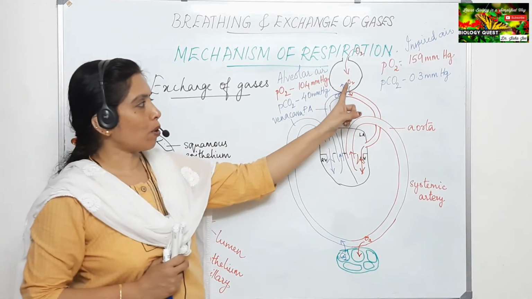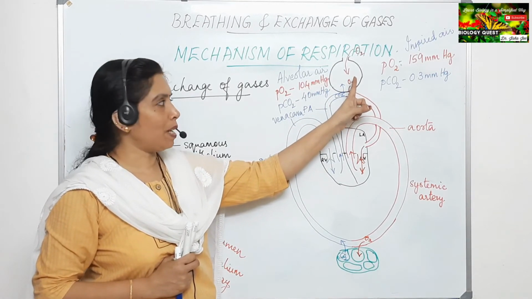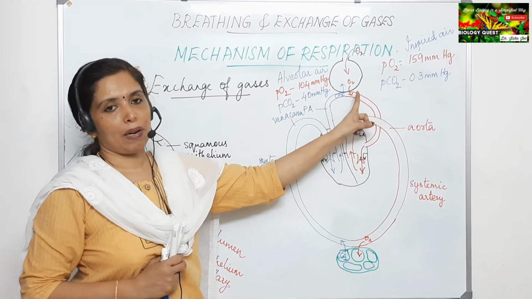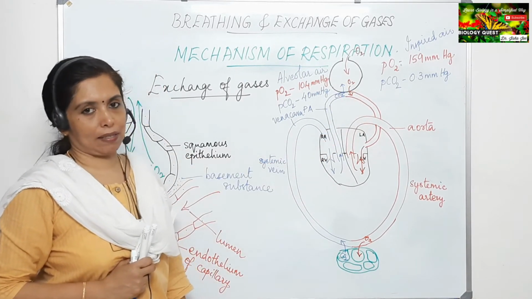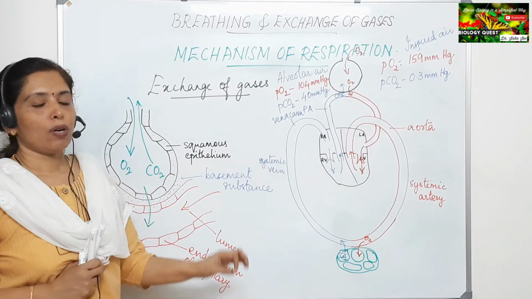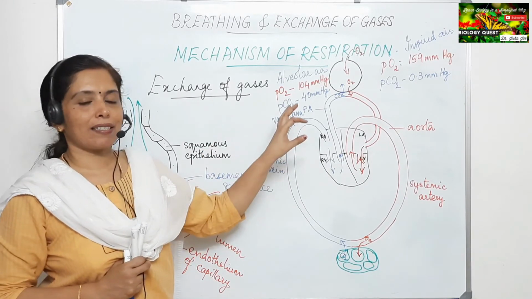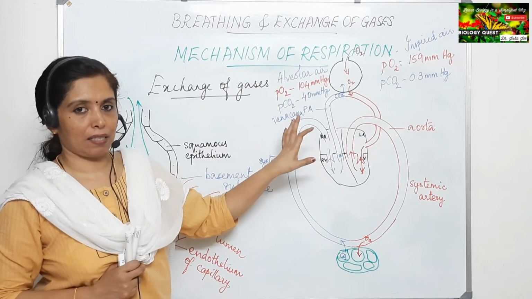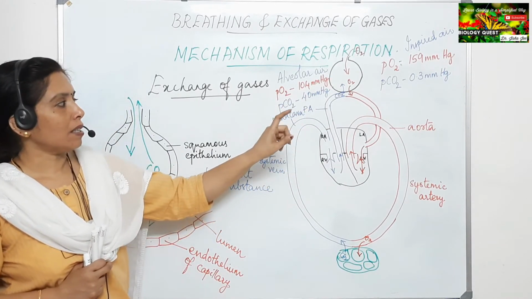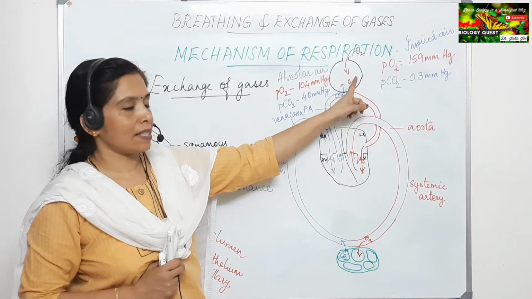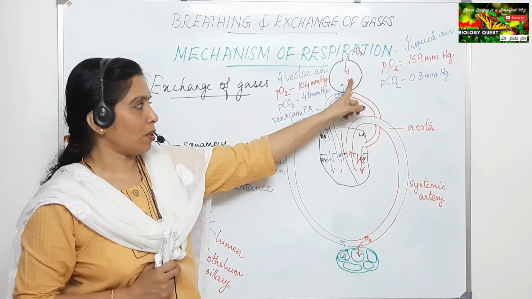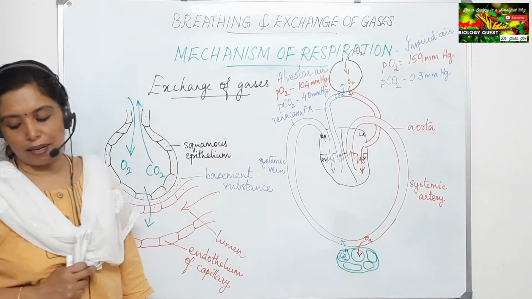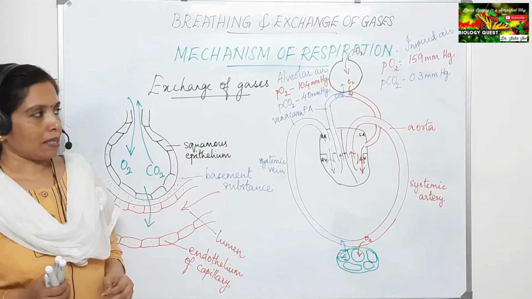So naturally what will happen? Oxygen will diffuse from the alveolus into the blood inside the capillaries. Okay, so the diffusion process taking place there depends upon the pressure gradient. Here the partial pressure of oxygen is greater inside the alveolus, so oxygen diffuses from the alveolus into the blood inside the capillaries.